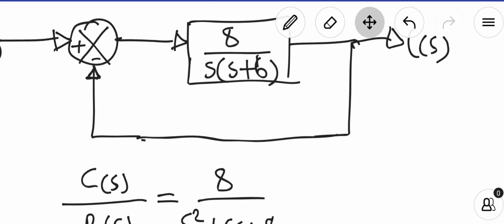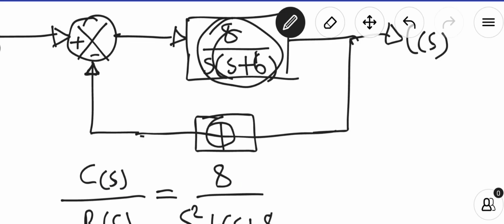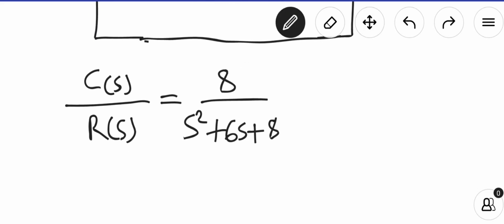Just know that there is one here, unity feedback 1. So to resolve this feedback circuit, it is this over 1 plus this times this, and then you can resolve and get this value.